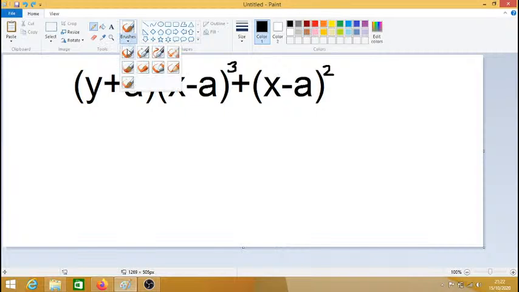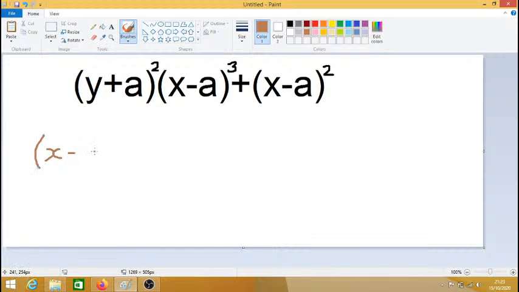And let's do that. So we've got (x − a) squared. That's the common factor. So then when we look at just the first term, what else do we need to multiply with the (x − a) squared so that I get that first term?